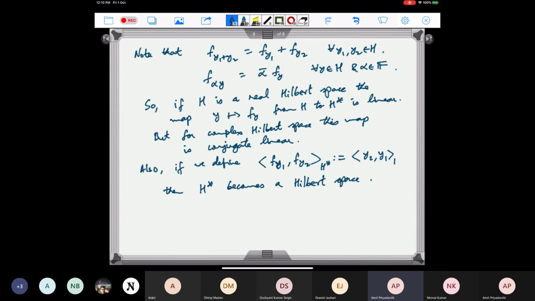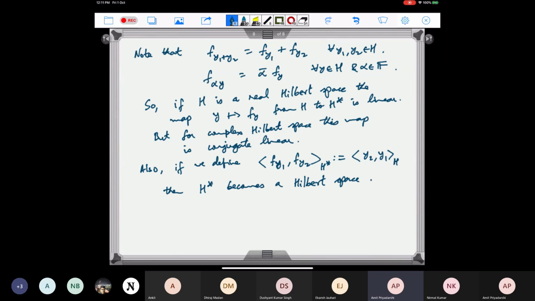Otherwise, we know that for any normed linear space, its dual is a Banach space. But here we can also define an inner product, and this inner product will induce the same norm. So we get that if H is a Hilbert space, then H star is also a Hilbert space, and then we can look at the double dual H double star.